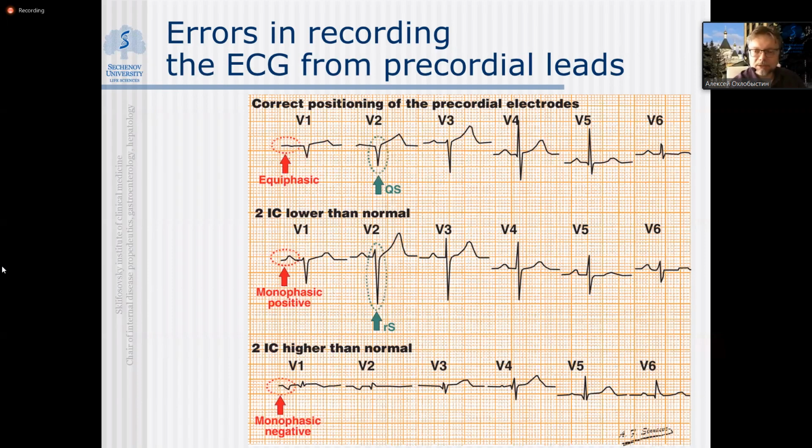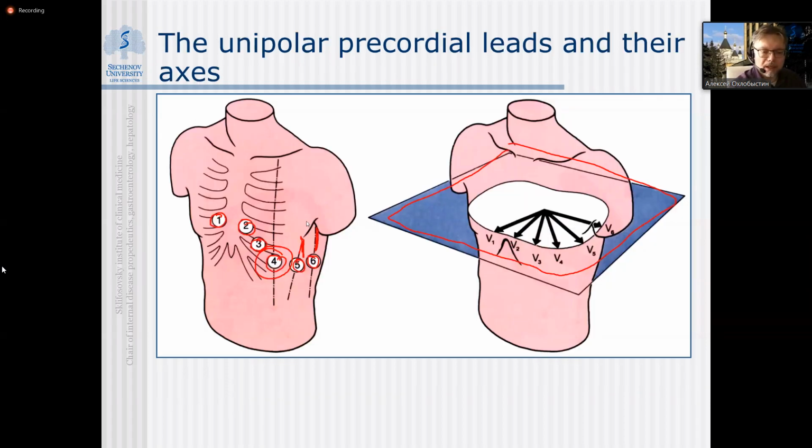That may be especially important for women with large breast glands, because typically the electrodes, for instance the fourth chest lead and third chest lead, will be located under the breast gland, and sometimes they may be displaced significantly lower. Or if you apply them over, they may be displaced higher than they should be.